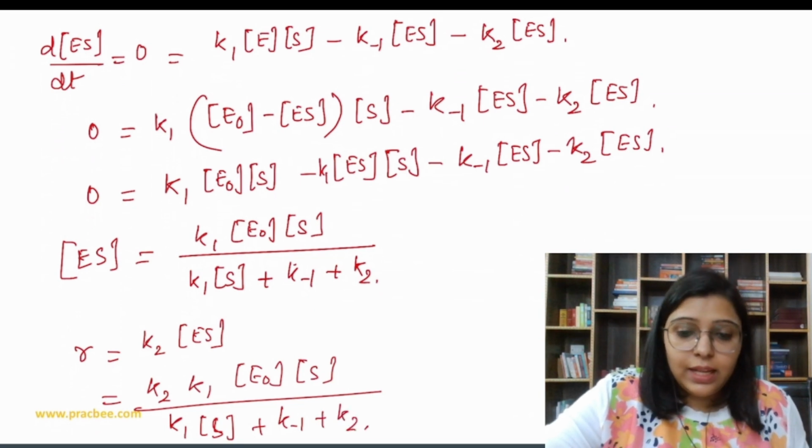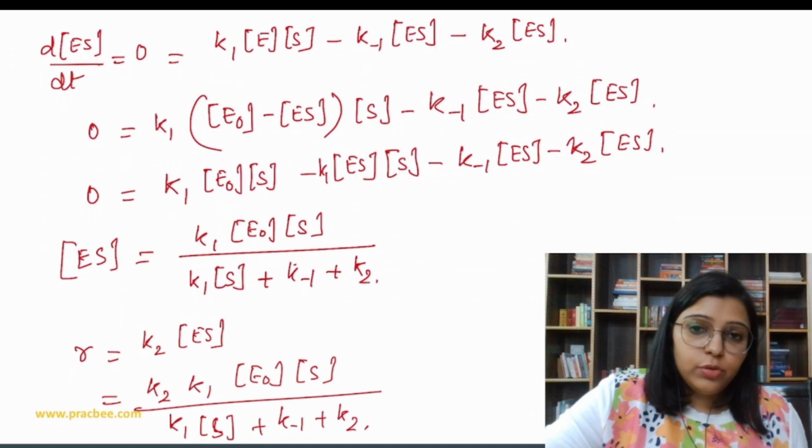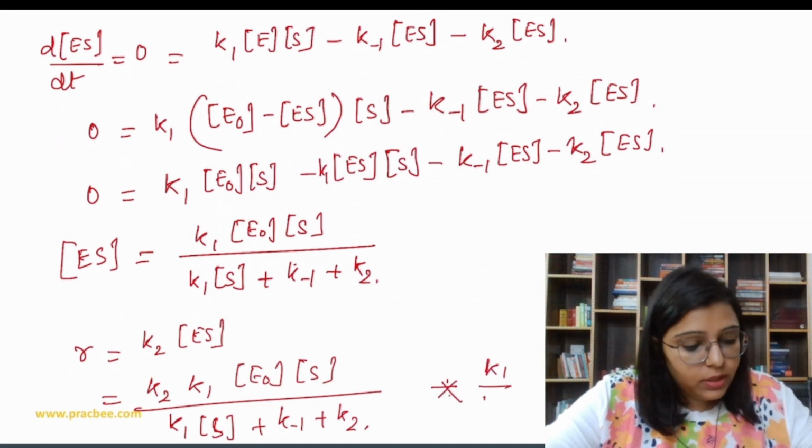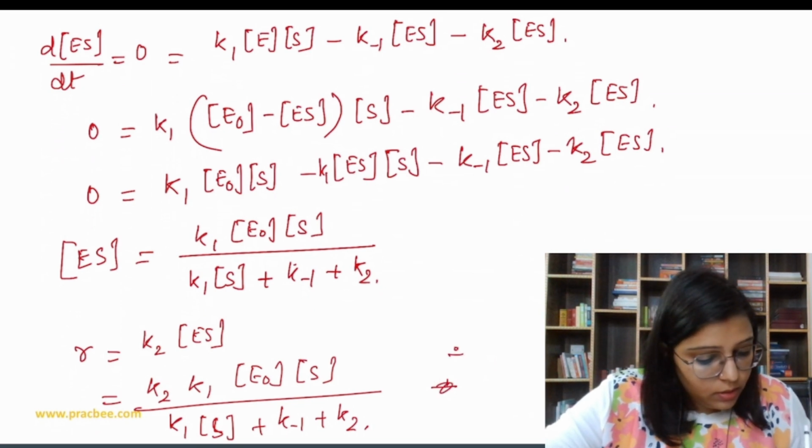Okay? That's it. Now what I'm going to do? I'm going to divide numerator and denominator by K1.